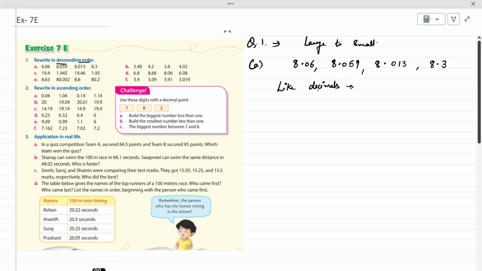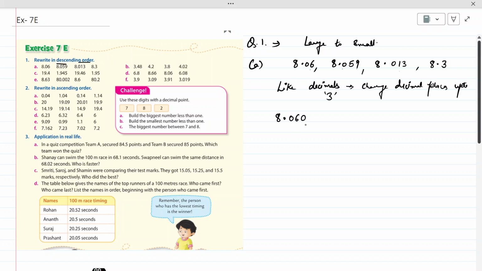Okay, so for changing them to like decimals, we have to change the decimal places up to 3. For the first one, we have 8.06. To make it 3 decimal places, we will add 0 here, right?